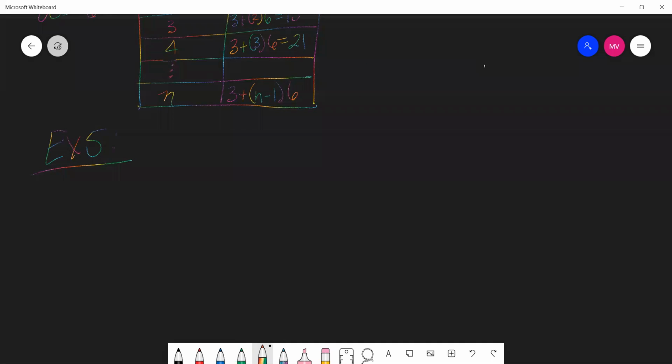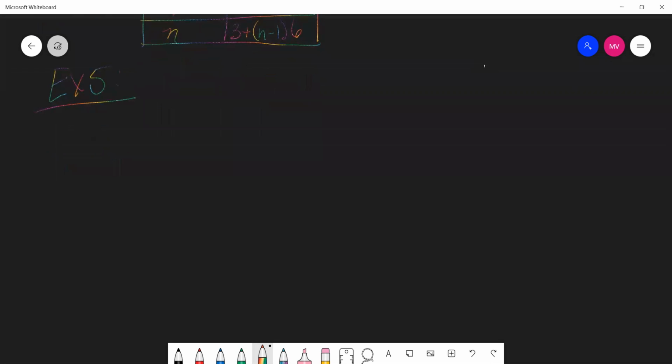It's asking us to find the term at position 60. You can see very quickly why this formula is extremely important, because you don't want to use that recursive formula 59 times to find the term at position 60.